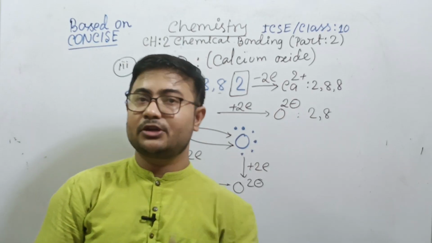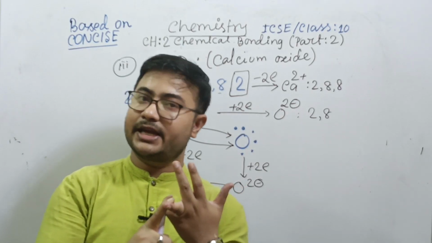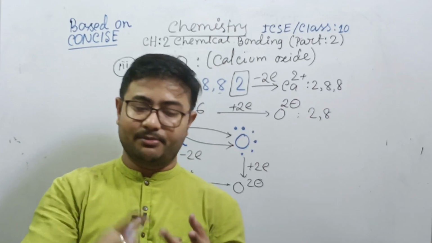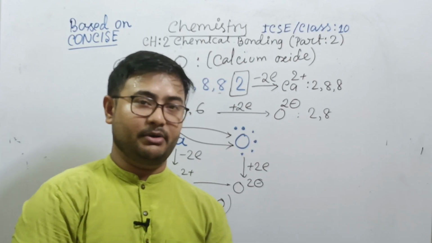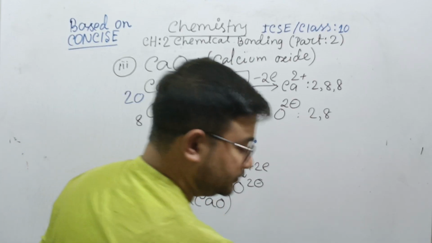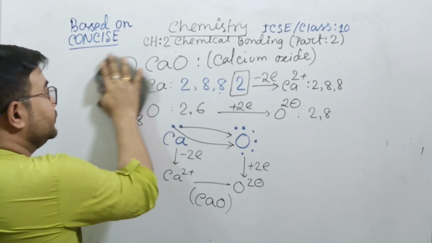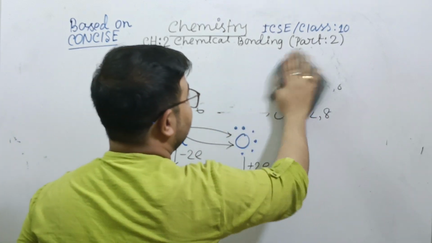So you can memorize these 3 examples also. NaCl is an ionic compound, MgCl2 is an ionic compound, and this CaO, calcium oxide, is also an ionic compound. Okay, so we have 3 compounds and it is done.